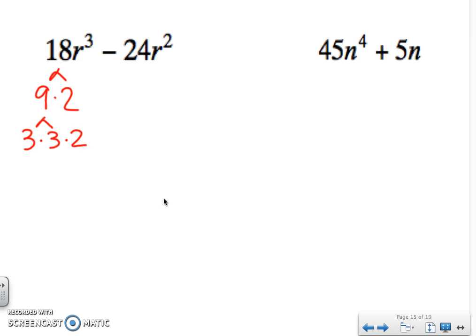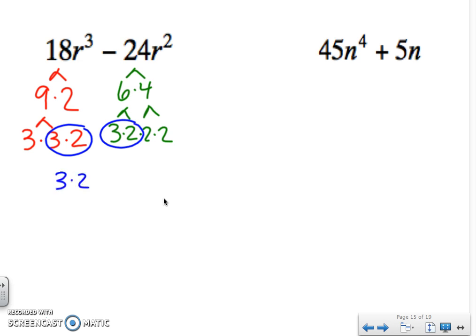What goes into 24, I'm thinking 6 times 4, which is 3 times 2, and 2 times 2. So now I need to see what they have in common. They have a 3 and a 2 in common, and so 3 times 2 is going to be a 6. So 6 is my GCF currently.